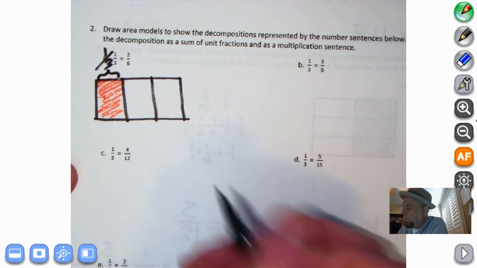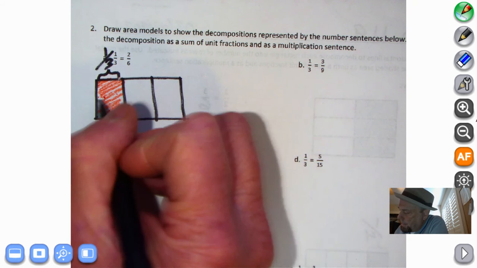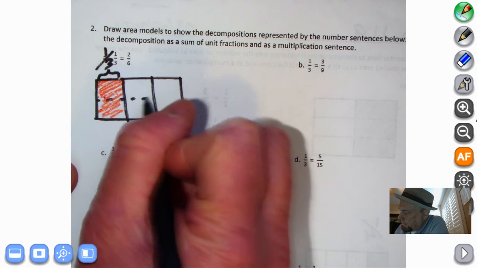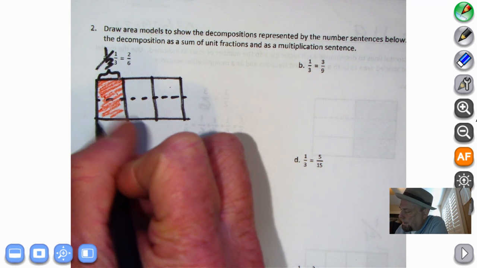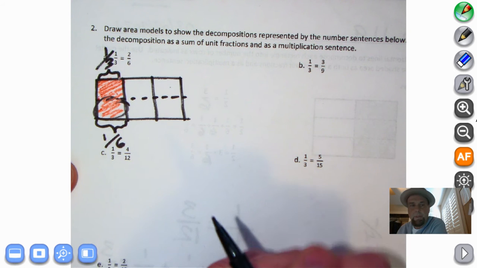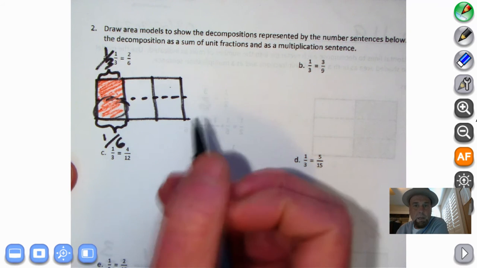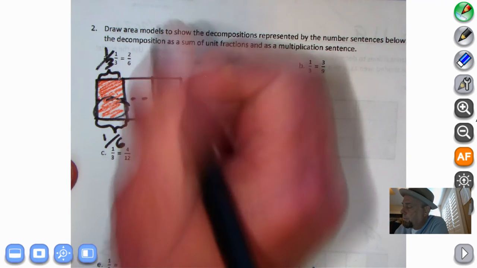So what do we need to do? Well, I think we just need to make this 6 pieces. How many rows do we need then? Let's cut it in half. 1, 2, 3, 4, 5, 6. What is this one little piece right here? It is 1/6, right?